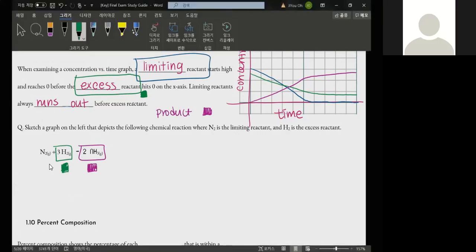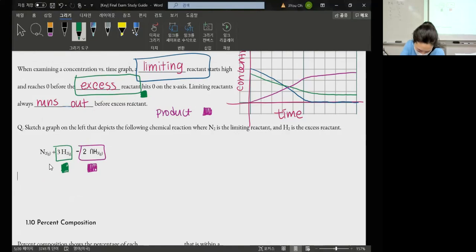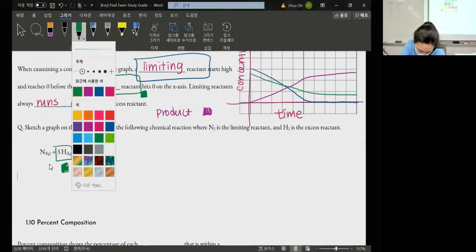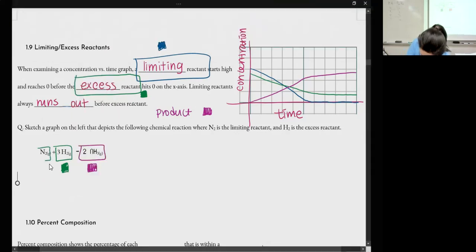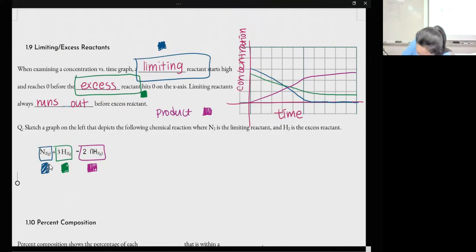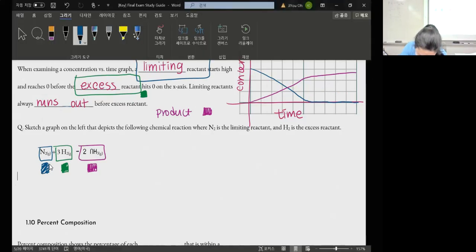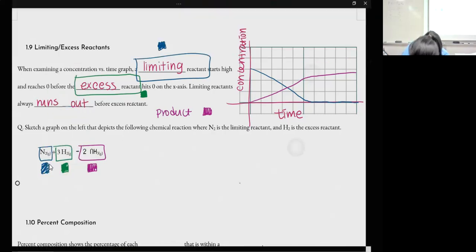And the limiting would be N2, which is gonna be blue. And I'm gonna actually make a change to the green graph. Okay, there you go.